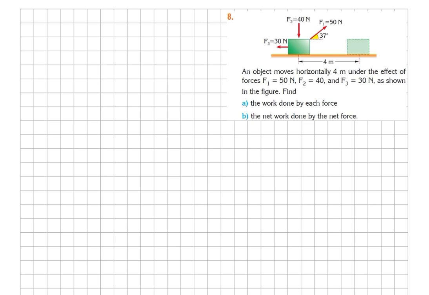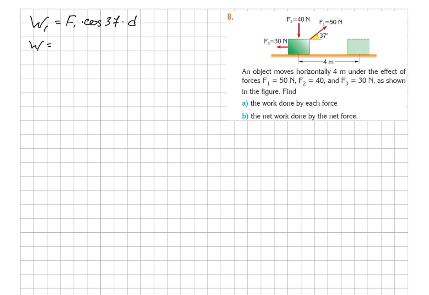So here we start from work 1. Work 1 is equal to F1 times cosine of the angle, because we need only the horizontal component of it, times the distance, denoted as d.